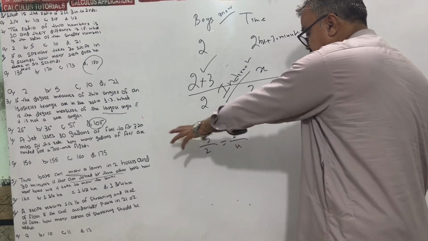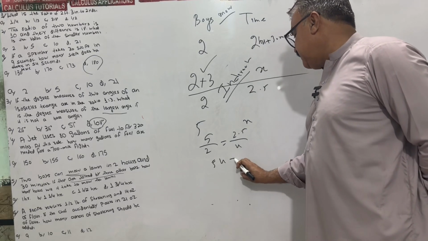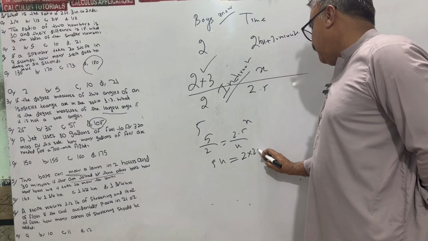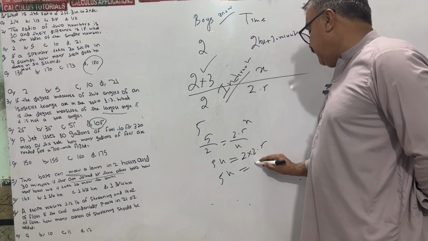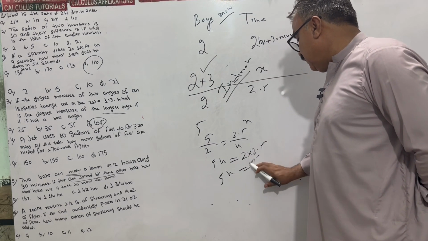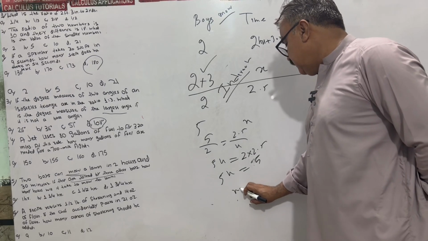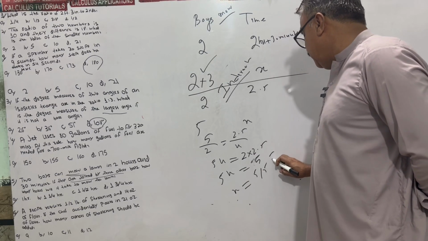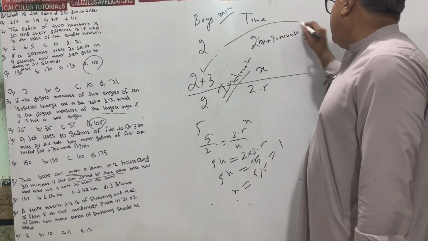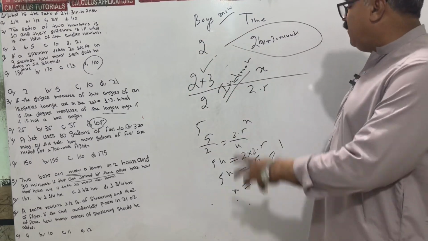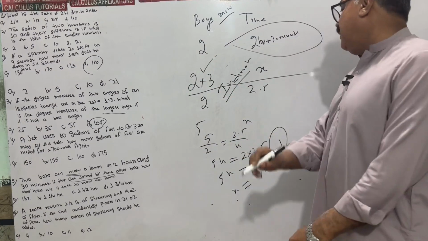By cross multiplying, I have 5 times x is equal to 2 times 2.5. 5x is equal to 5. So x is equal to 1. 5 over 5 is equal to 1. If two boys are taking 2.5 hours to mow, then five boys are going to take 1 hour.